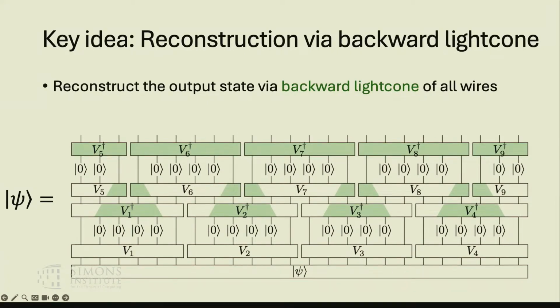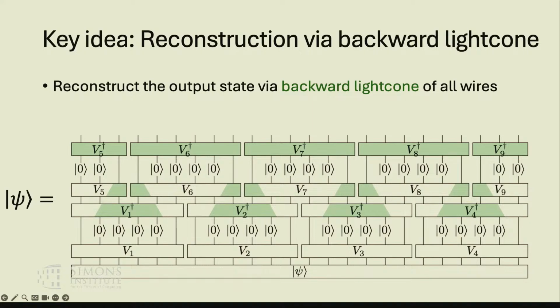Okay, so this is what happens if we try to reconstruct the entire output state at once by tracing the backward light cone of all wires at the same time. This is very visual, right? We can just imagine we start from the top and we start spreading green color downwards.